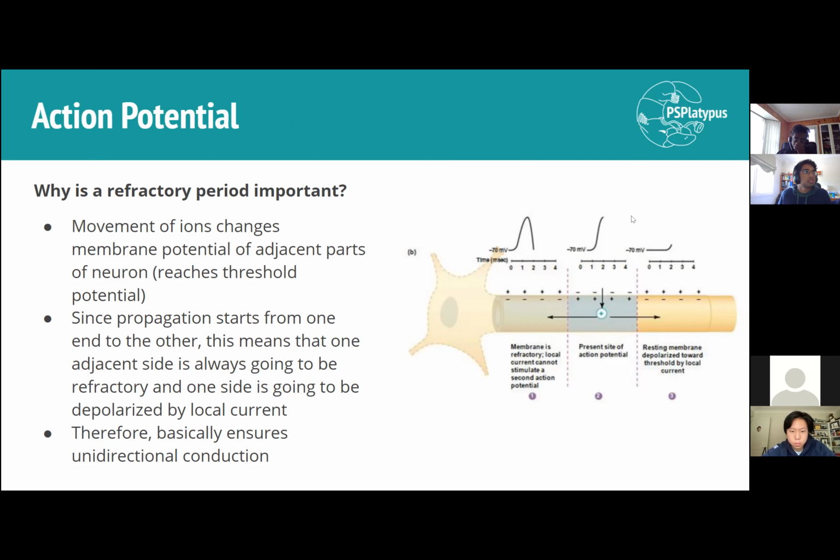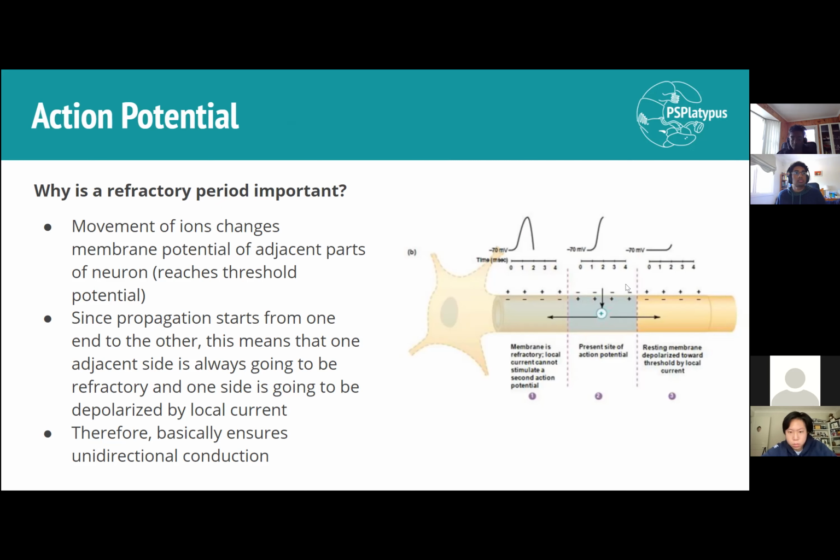That causes a difference in voltage there, and if this creates a depolarizing current sufficient to hit the threshold voltage to open the sodium and potassium voltage gated channels, then the adjacent sides begin to depolarize. That's essentially how it propagates.